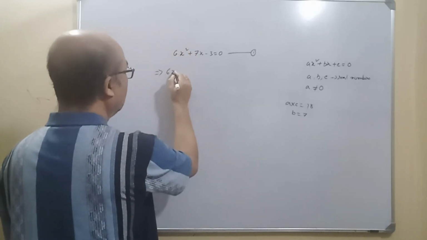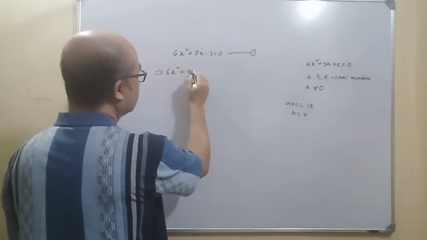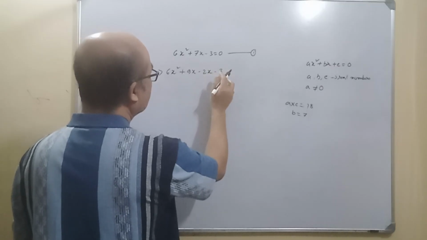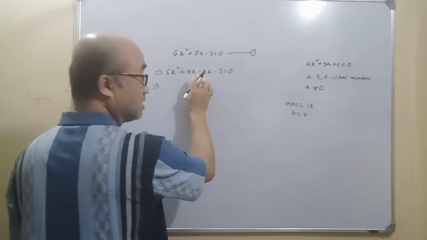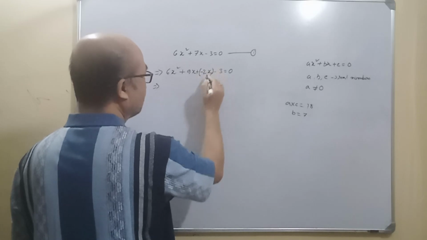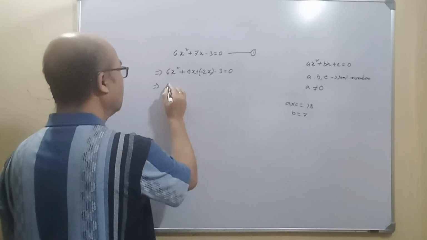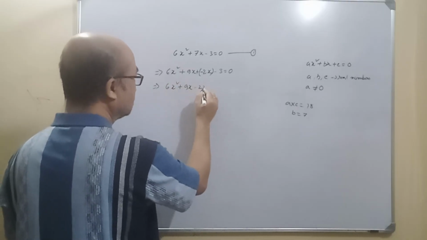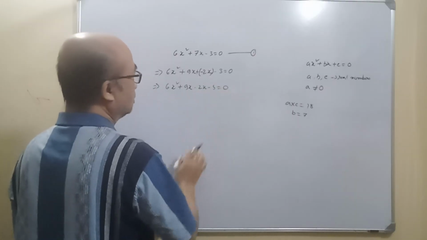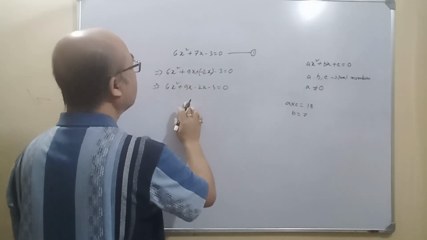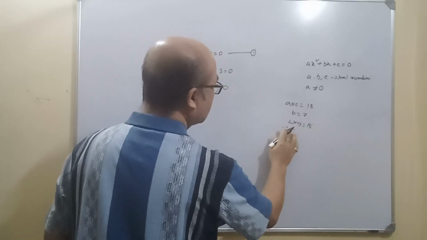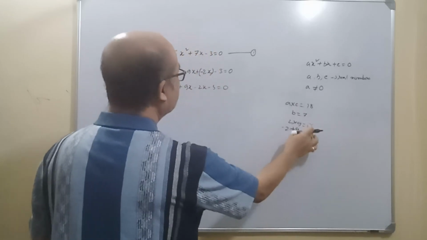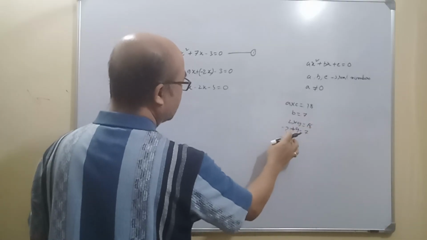So the numbers are minus 2 and 9: 9 into 2 is 18, and minus 2 plus 9 is 7. So we write it as 9x minus 2x.